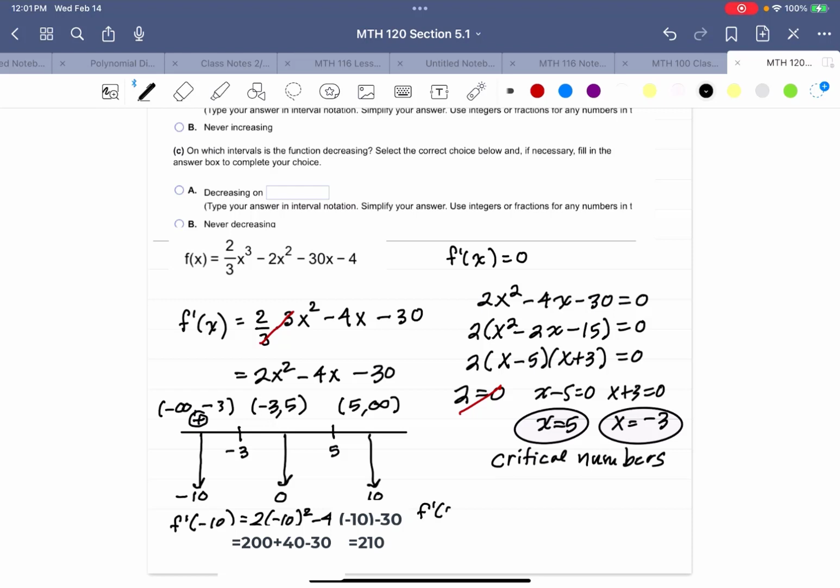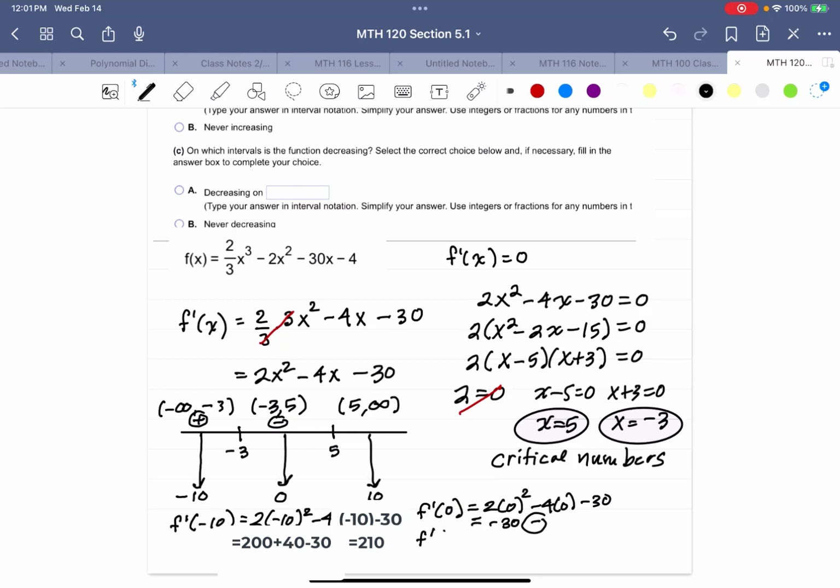F prime of 0 is 2 times 0 squared minus 4 times 0 minus 30. Well, that's going to be negative 30. So within that second interval, it's going to be decreasing because the derivative is negative.